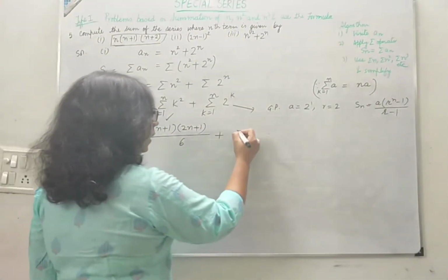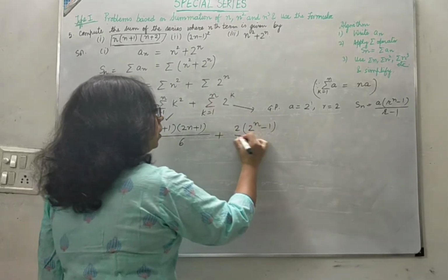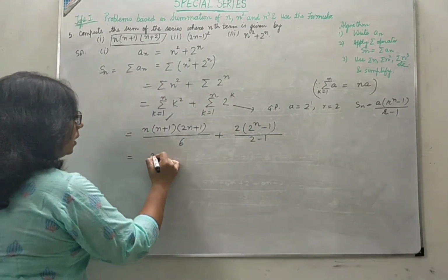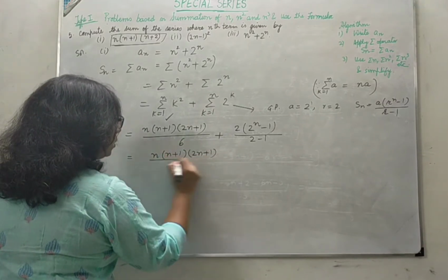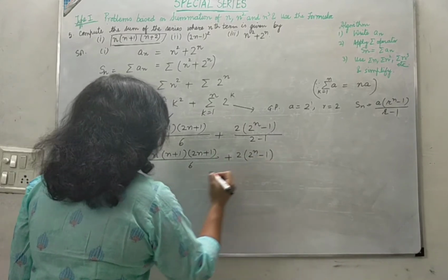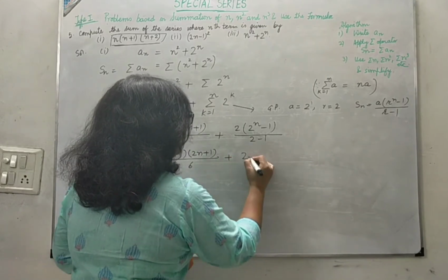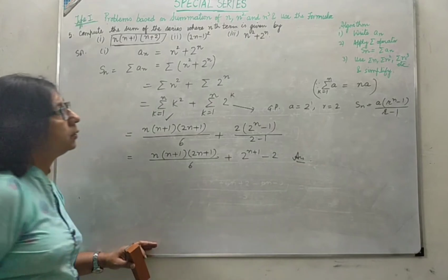So what we will get here: 2 into 2 to the power n minus 1, there are n terms, upon 2 minus 1. So we are getting it as n into n plus 1 into 2n plus 1 upon 6 plus 2 times 2 raised to power n minus 1, or we can write it as 2 raised to power n plus 1 minus 2 if we want, and this will be your answer.